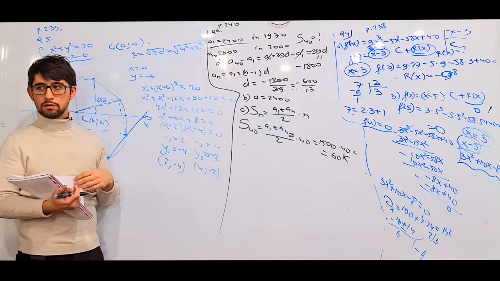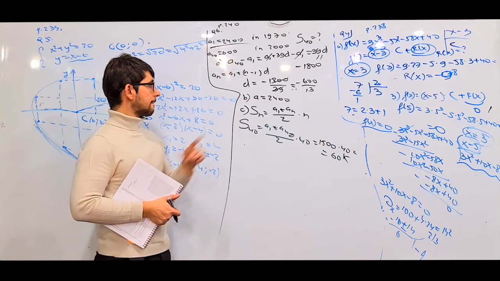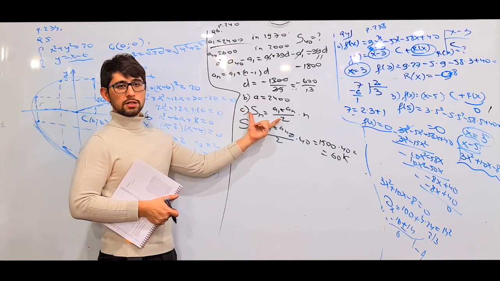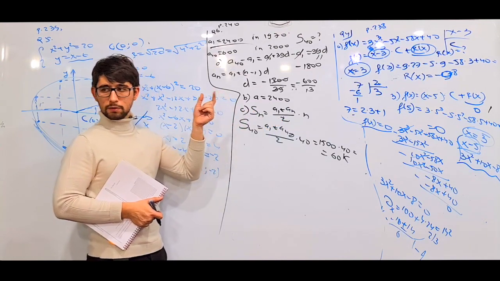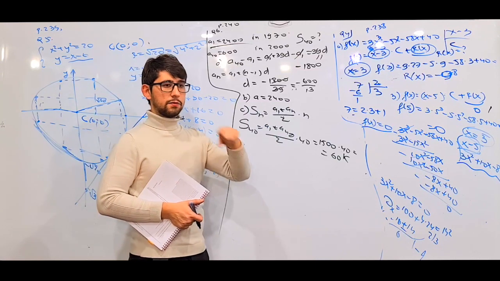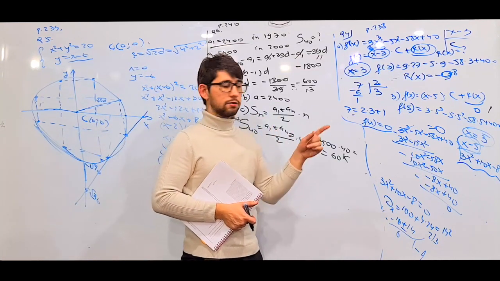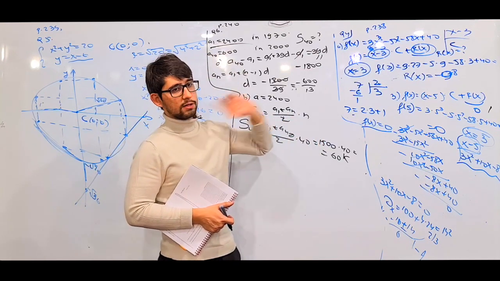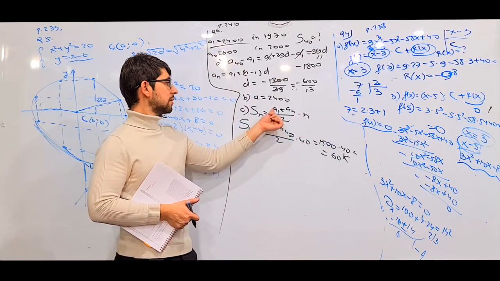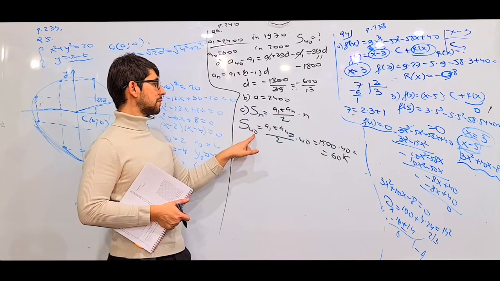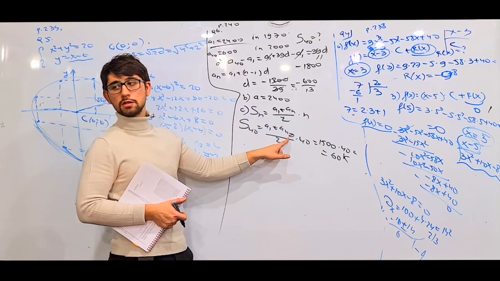C, okay. This is the formula of the arithmetic progression sum, to find the sum of the first n terms, a1, a2, a3, till an. The short formula is a1 plus an over 2 multiplied by n. So here, if you are computing S40, you will put 40 here.